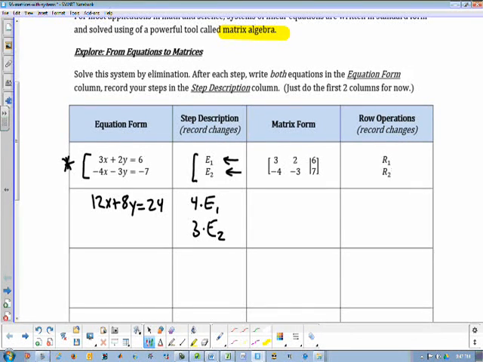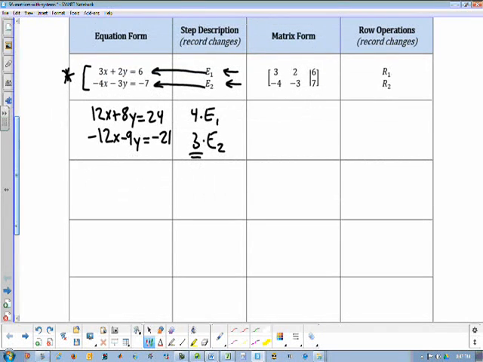Well, that's going to give us -12x minus 9y equals -21. Keep in mind, we're multiplying everything there by 3. So we took our E2 and we did this operation to it. Okay, again, keeping track of our operations.